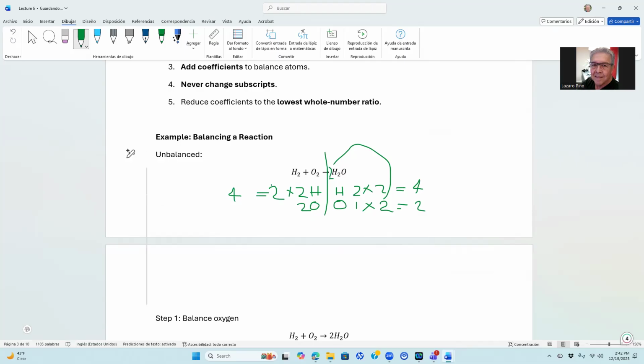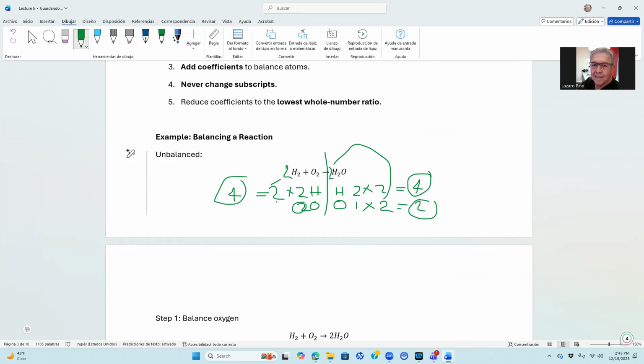How can I represent this 2 in the formula? By putting a 2 in the front, a coefficient. Now, the number of atoms of hydrogen at the beginning and at the end is 4. And the number of atoms of oxygen at the beginning is 2, and also 2 in the products. So I can say that the equation is already balanced because matter cannot be created or destroyed.